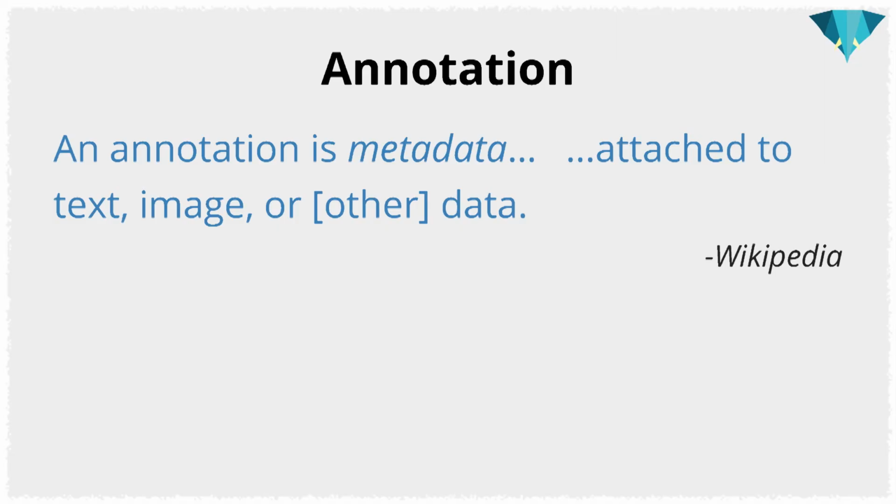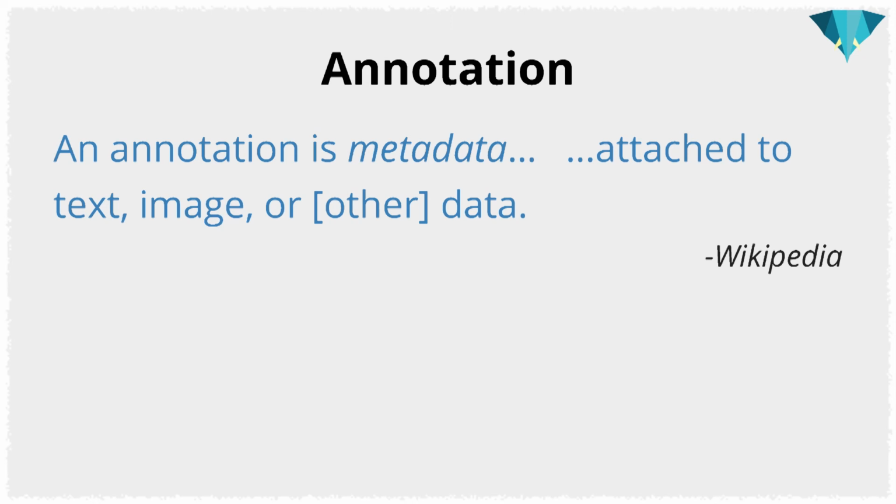Okay, so if we're going to talk about doc block annotations, I thought to myself, let's break this problem down into atomic pieces. And when I want to know something, I go to Wikipedia. And Wikipedia says, in many, many more words, but summarized here, that an annotation is metadata attached to text, an image, or other data.